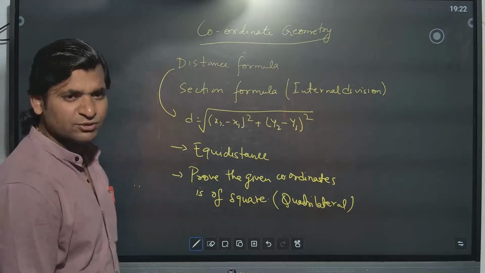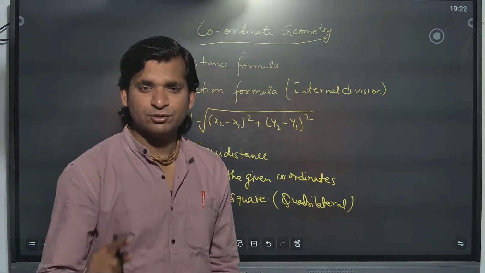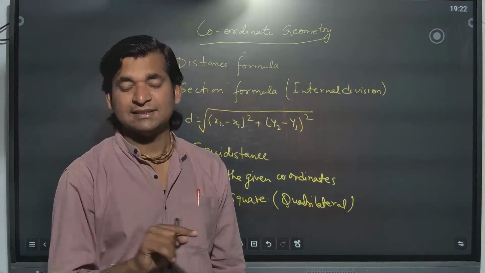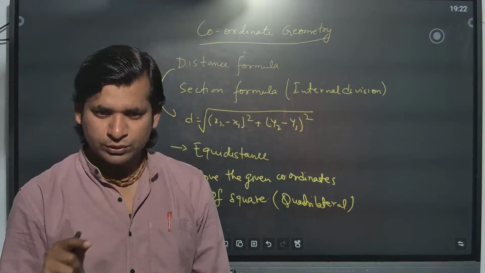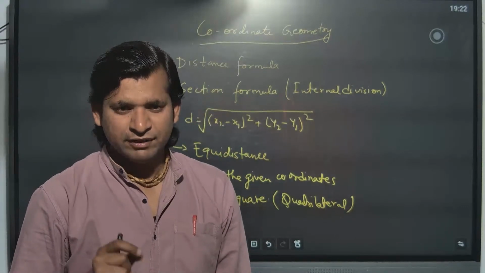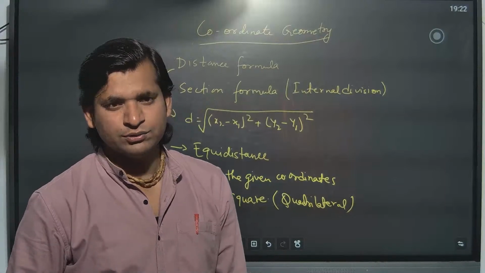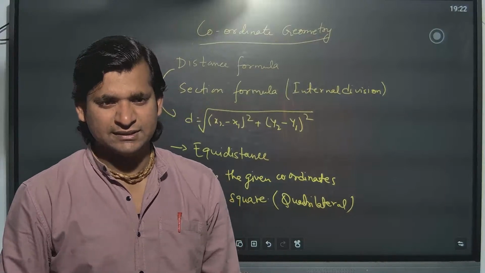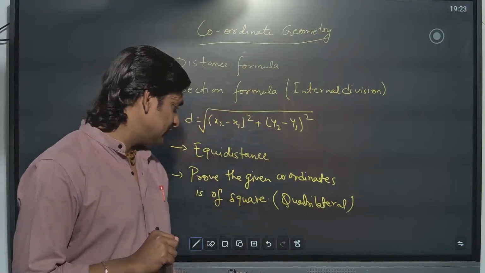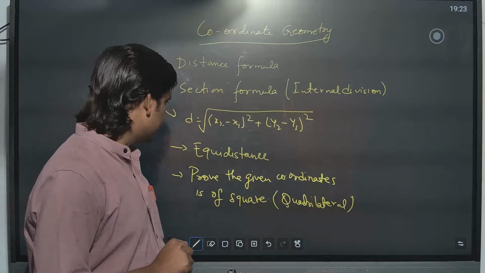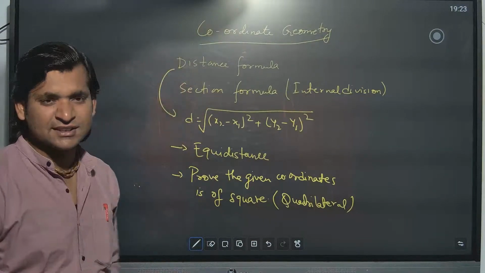In that case, you have to use the distance formula and find the 6 distances. Quadrilateral means 4 sides and 2 diagonals. Very important question, it came for 2 consecutive years. Diagonals and sides: these are the 2 applications of the distance formula.